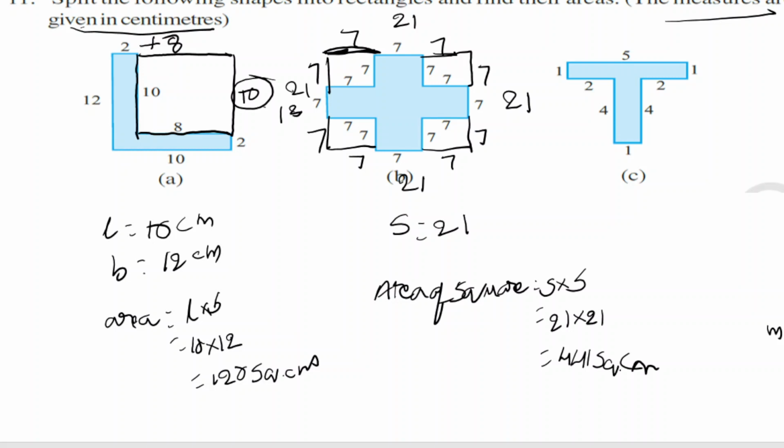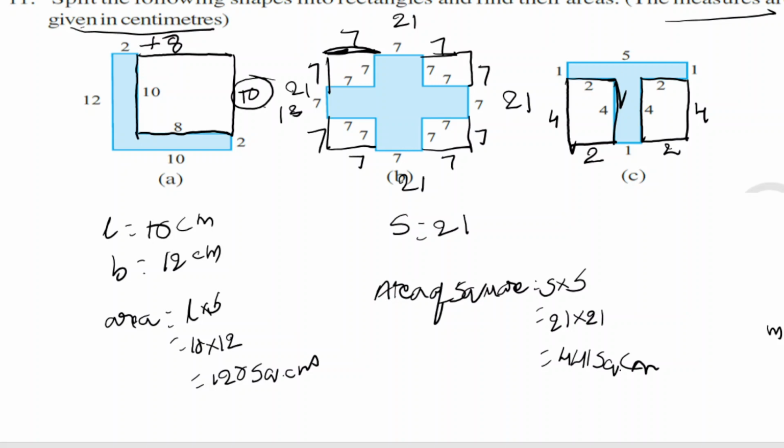And coming to here, this line is parallel to this line, so here this length is 4 and here it is 2 centimeters, and this parallel line is also 2 centimeters, and here it is given as 4 centimeters, so this parallel line is also 4 centimeters, and here it is 2 centimeters, so the parallel line length is also 2 centimeters.